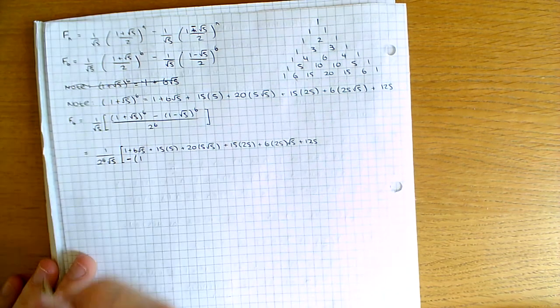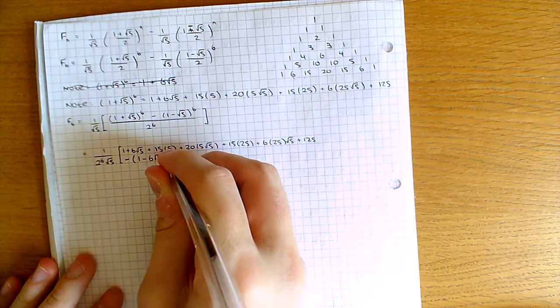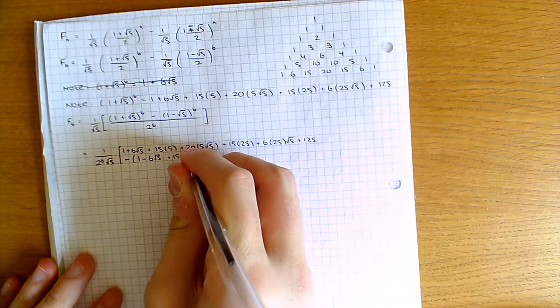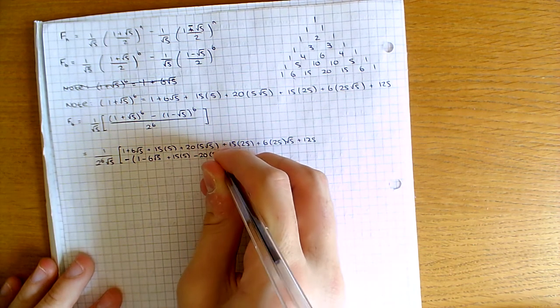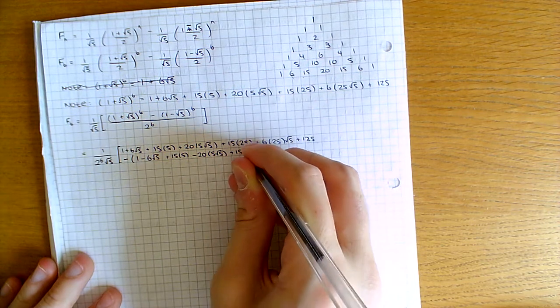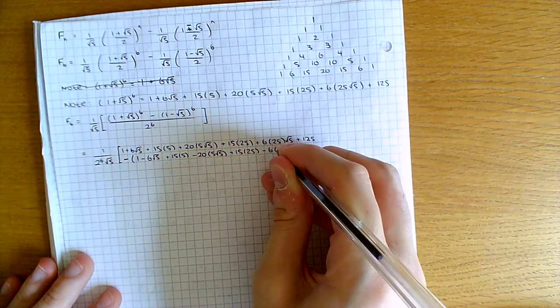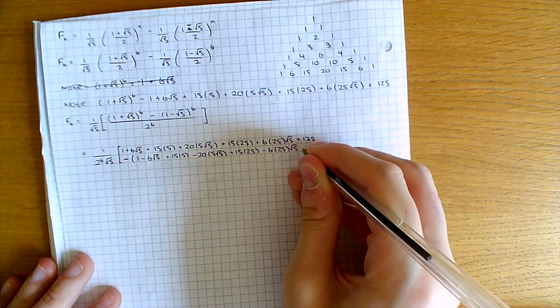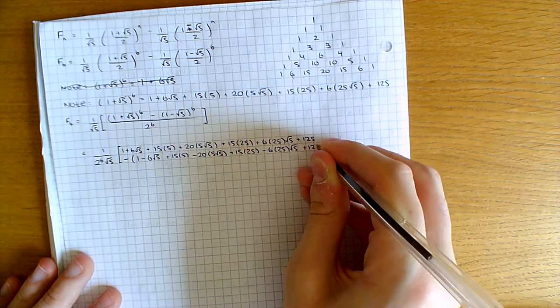So the first one is going to be 1 minus 6√5 plus 15 times 5 minus 20 times 5√5 plus 15 times 25 minus 6 times 25 times √5 plus 125.